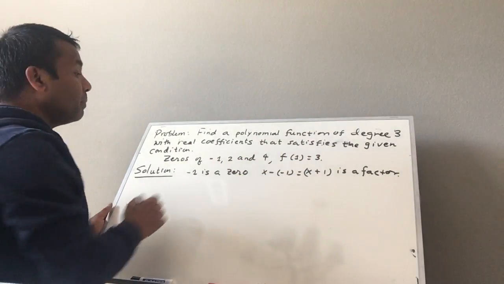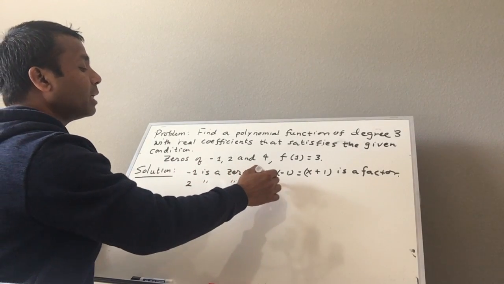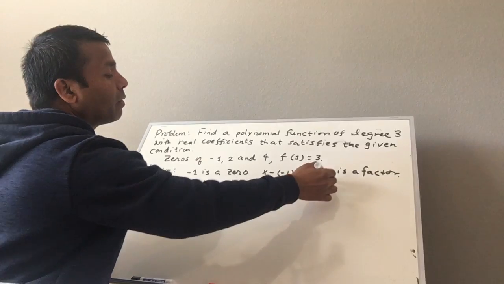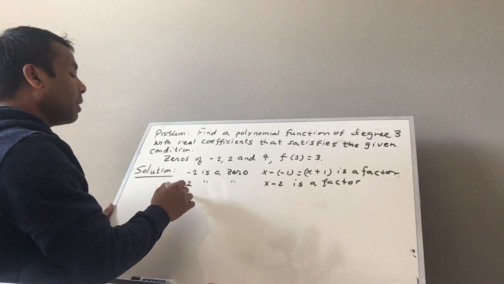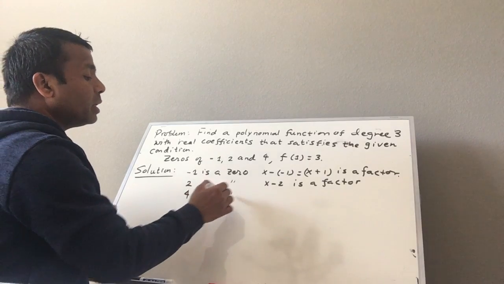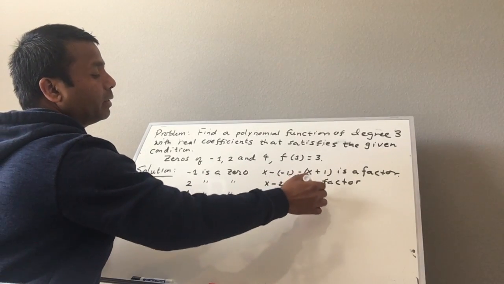And similarly, 2 is a zero, so x minus 2 is a factor, and if 4 is a zero, then x minus 4 is a factor.